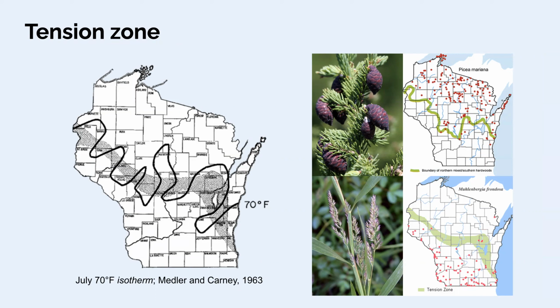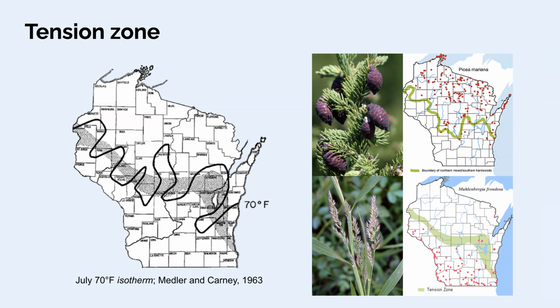And it's such a pattern across so many species. I've shown some rather good examples here. Not every species has this kind of range ending, but basically we have this pattern where the ends of some northern species, the end of their range, follows this pattern, and the range limit of some southern species also follows that pattern. It's almost like they sort of agree to live in different parts of the state.